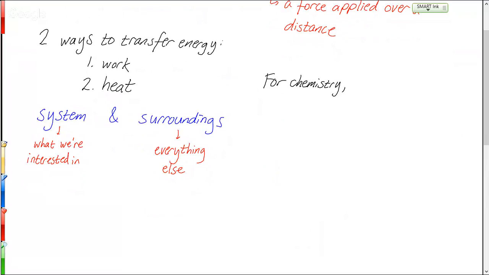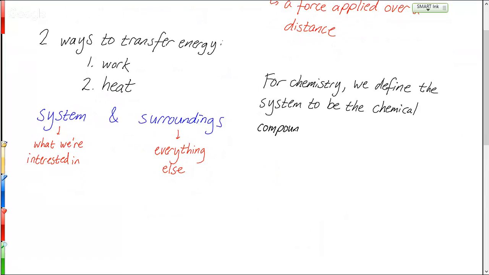So for chemistry, or we can be more general, we're going to define that system as the chemical compounds participating in the reaction.